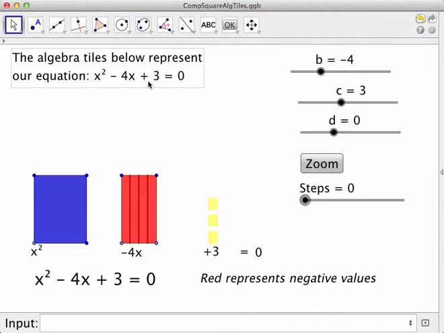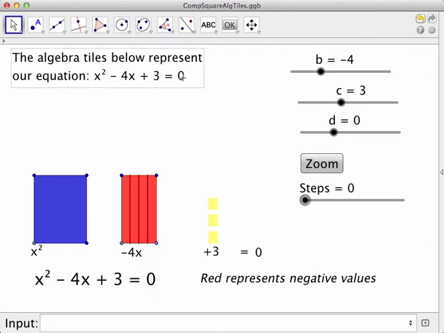That number, we said, to figure that out, let's think again about what we did. So the first thing we did was we subtracted 3 from both sides, which gave us -3. Then we took this number, -4, we took half of it, and we squared it. And that number we added to both sides. So we've subtracted 3 and we've added 2 squared.